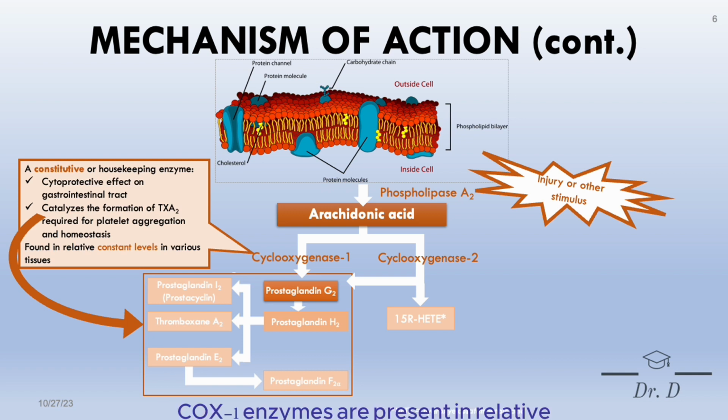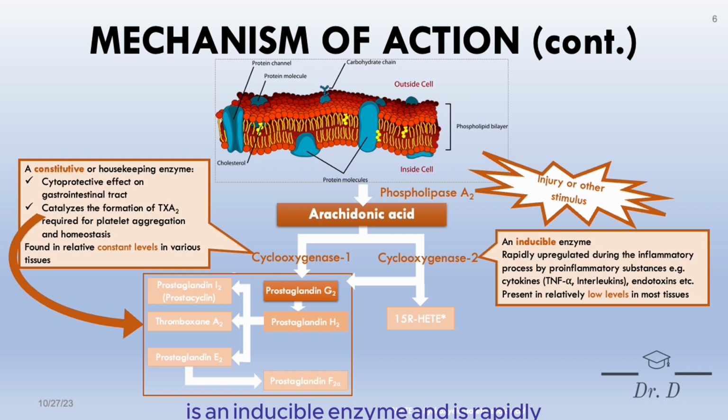COX-1 enzymes are present in relatively constant levels in various tissues. On the other hand, COX-2 is an inducible enzyme and is rapidly upregulated during the inflammatory process. It is present at low levels in normal circumstances in most tissues.